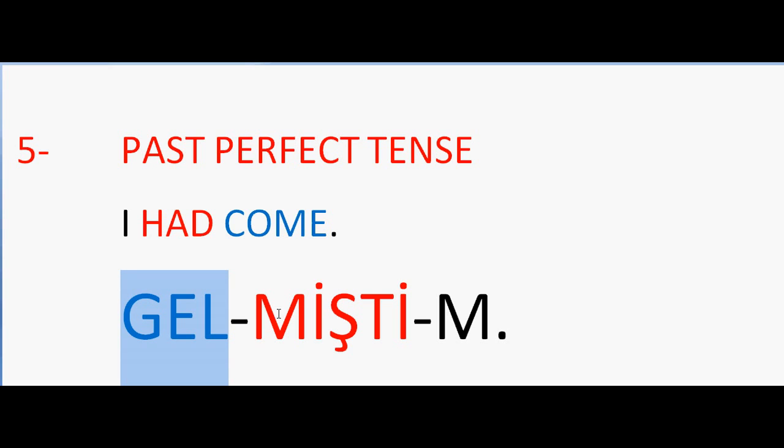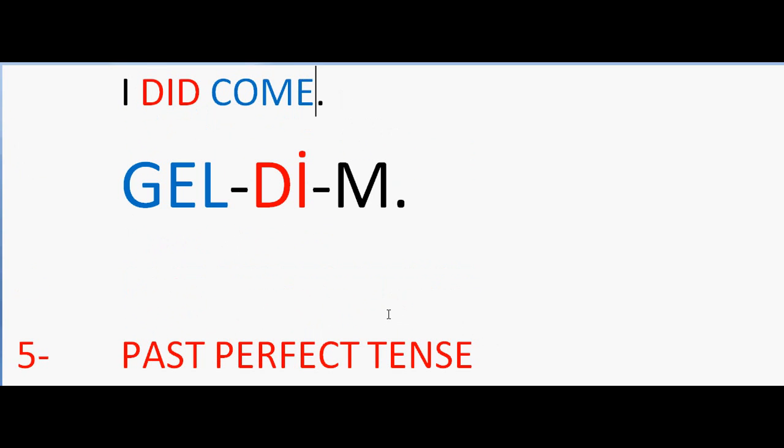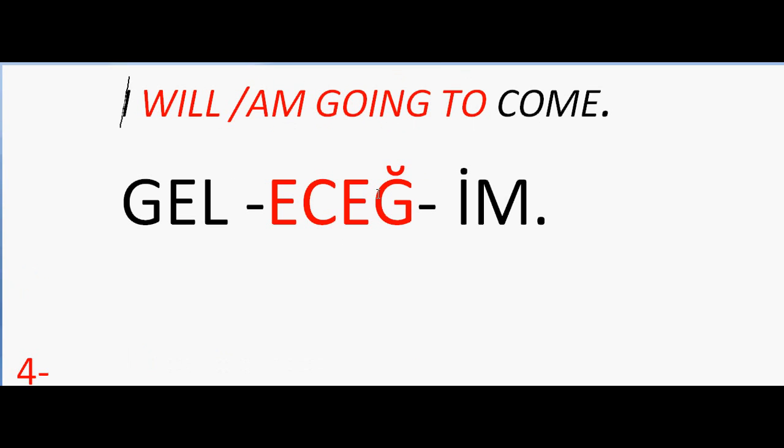So let me repeat one more time with you with Turkish examples. Repeat it with me if you want to. Gelmiştim. Let's get back to other sentences. Geldim. This is past tense. And here, future tense, geleceğim.